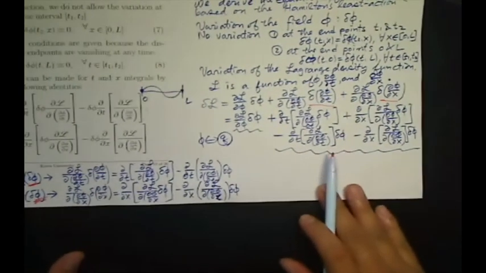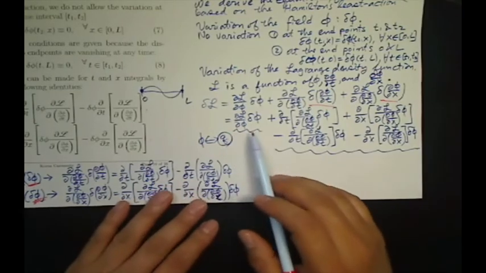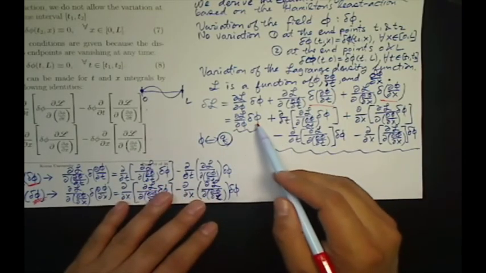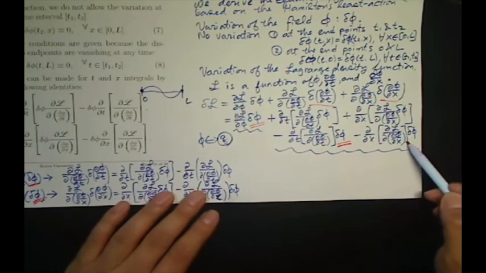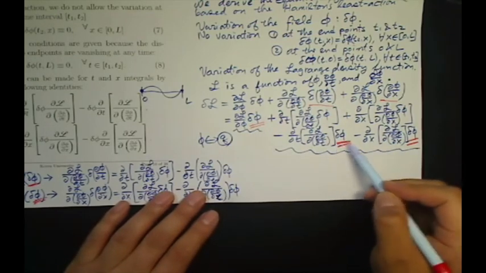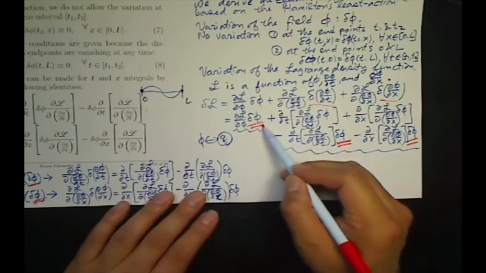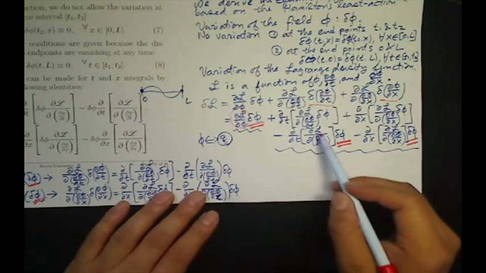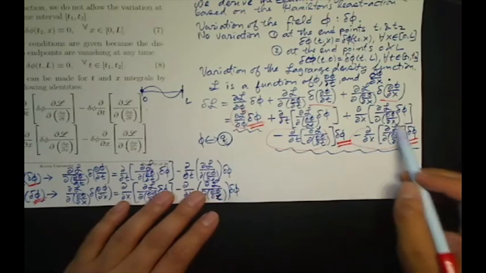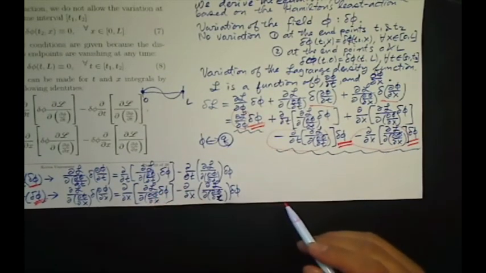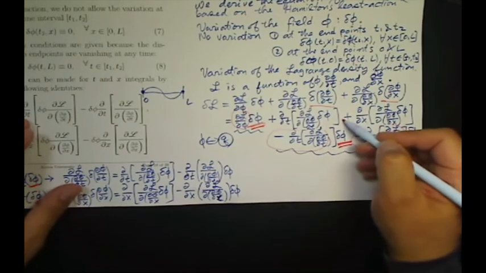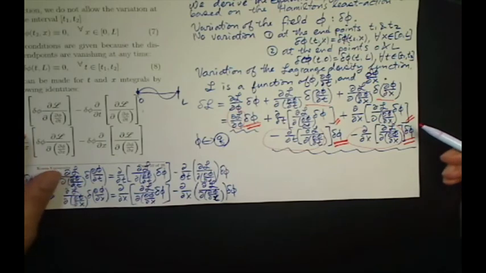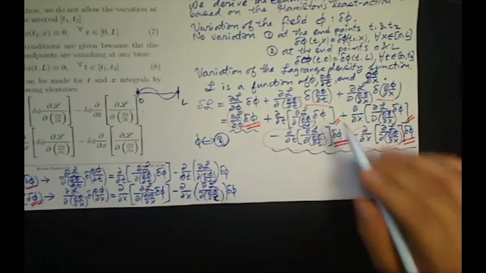Therefore, at the end of the day, we have this d phi contribution, the three terms proportional to the delta phi variation altogether, and we have these three pieces that will eventually give the left side of the Euler-Lagrange equation. And we have these two surface terms, and let us consider the treatment of this total derivative.